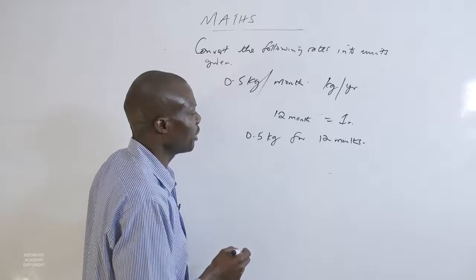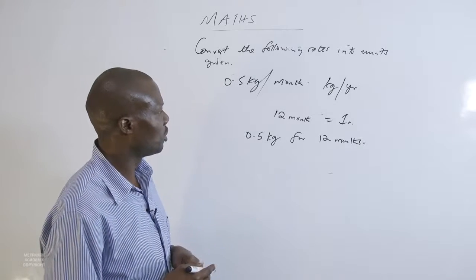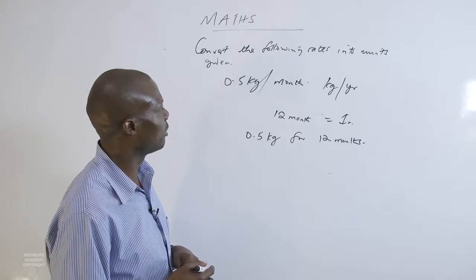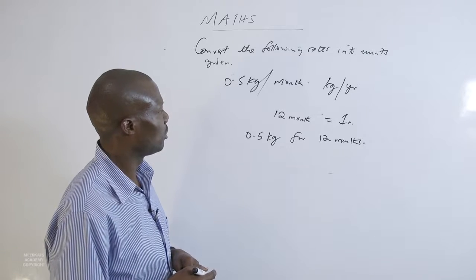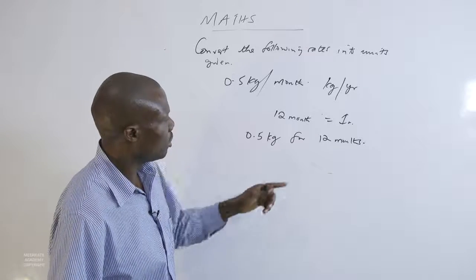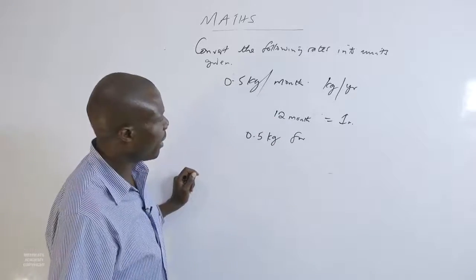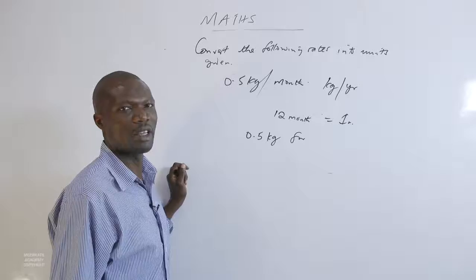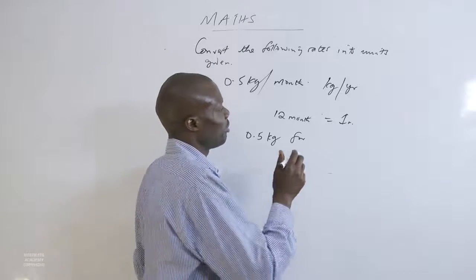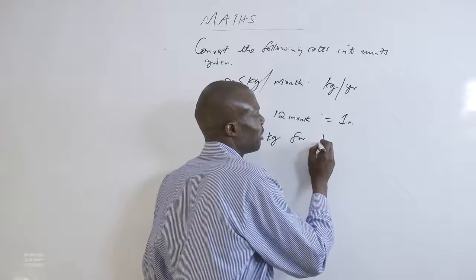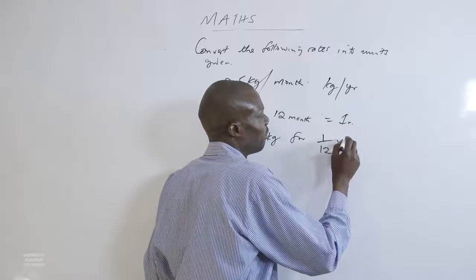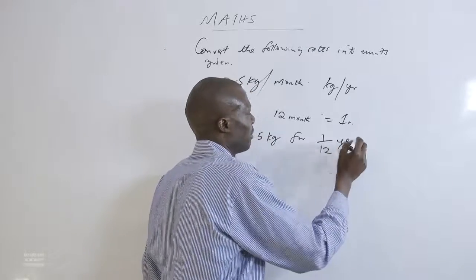So we are going to work this out and see what we have. If 12 months is 1 year, and we want to have 1 month, 1 month is equivalent to what fraction of a year? It is 1 over 12 of a year.